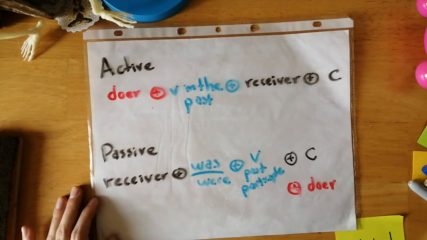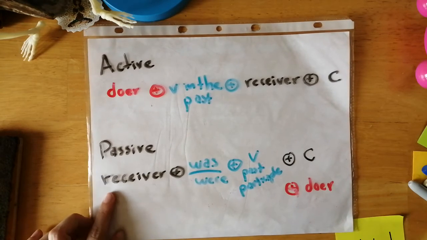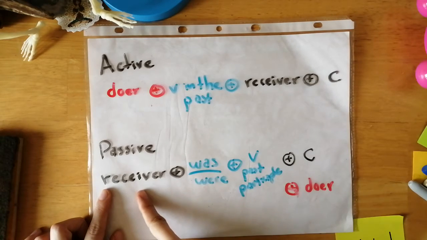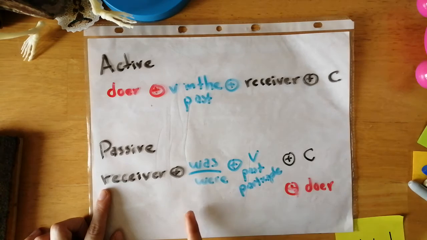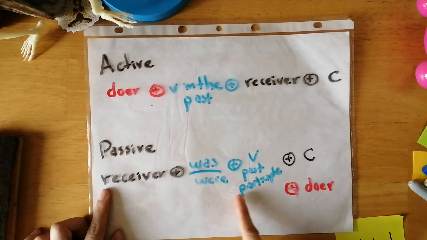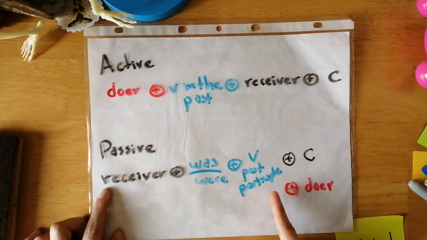But if we're talking about a passive sentence, we're going to start with the receiver this time. So the receiver becomes the subject of your sentence, plus the verb to be in the past, which is was or were, depending on your receiver, plus the verb in the past participle.